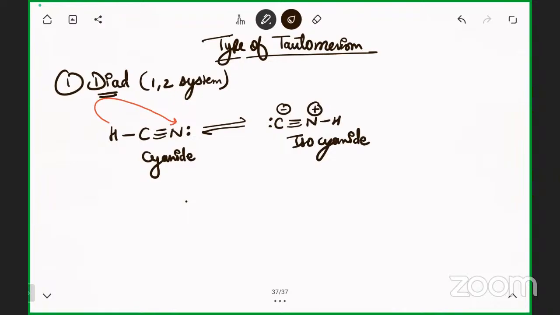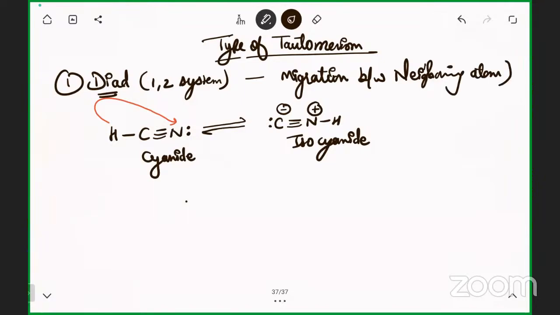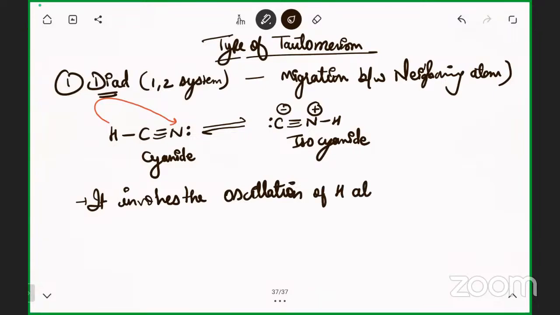Okay, so generally when there's a migration between neighboring atoms, or if I say the definition of diad, it involves the oscillation, meaning migration, of a hydrogen atom between two polyvalent atoms.